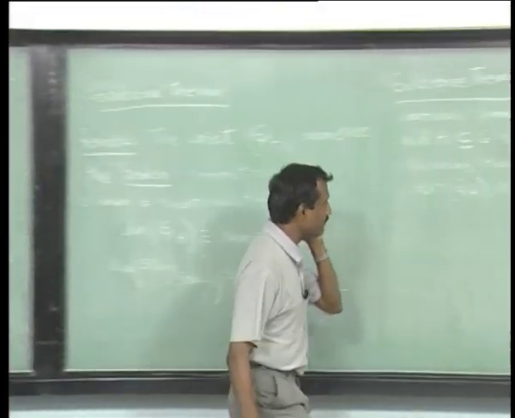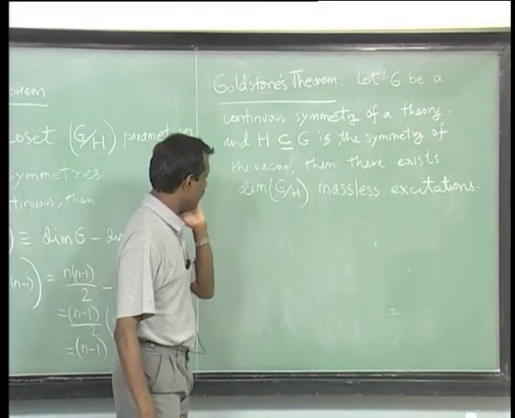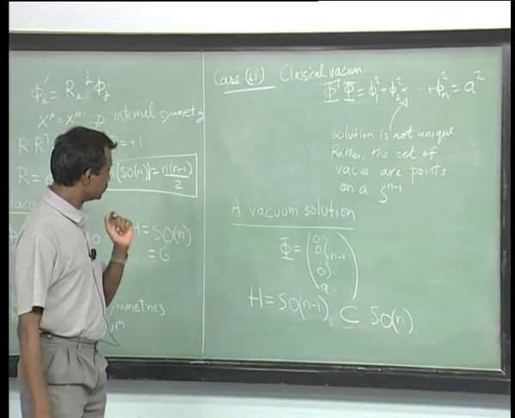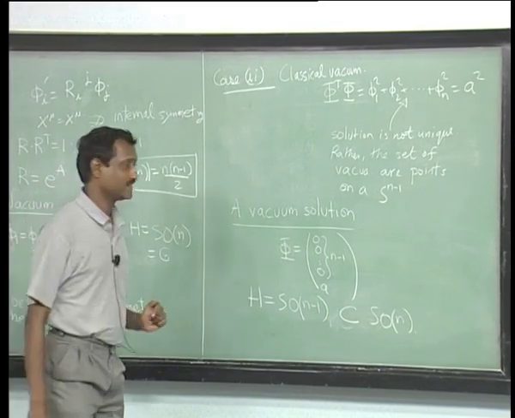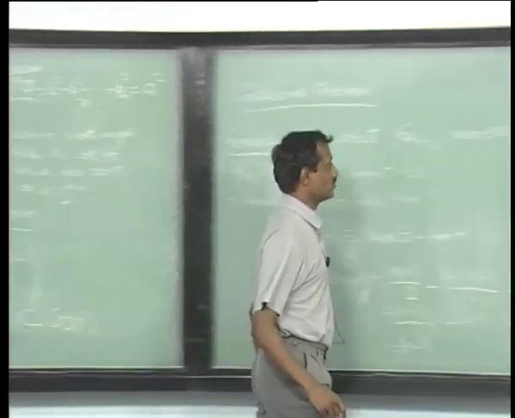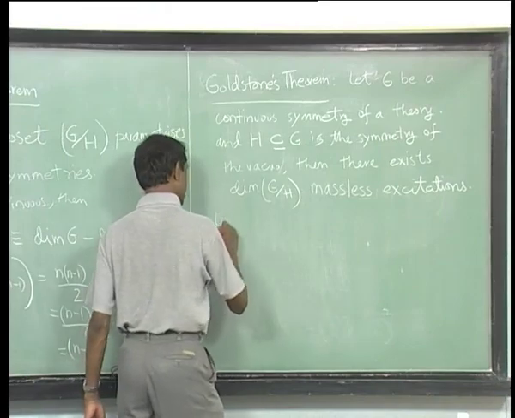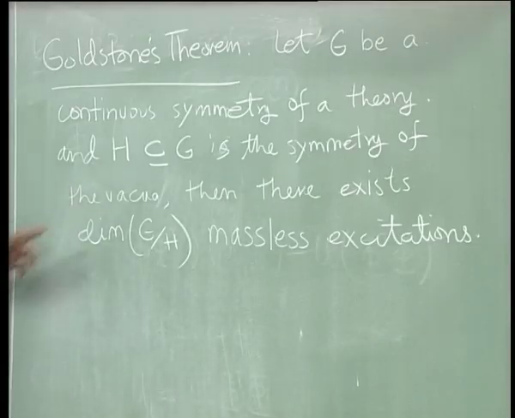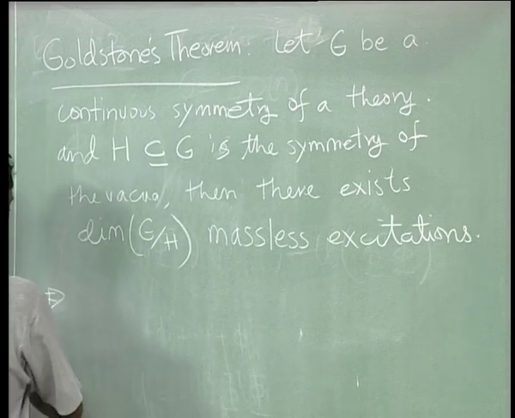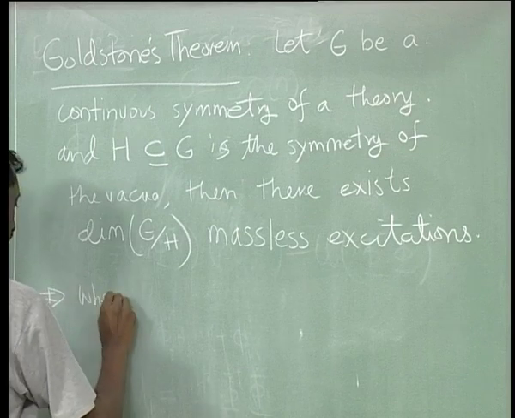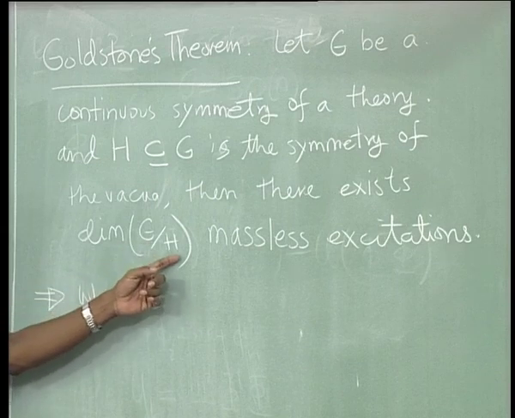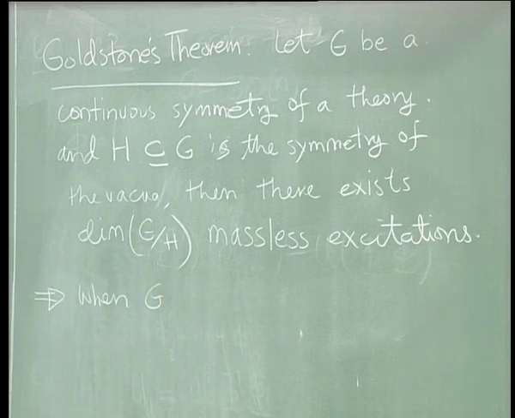Since I want to be explicit, I will choose n equal to 2, for starters. Whatever I say goes through for any higher n, but let us choose this to illustrate. An application of this tells you that when G equals H, then your dimension is 0, which is the first case.